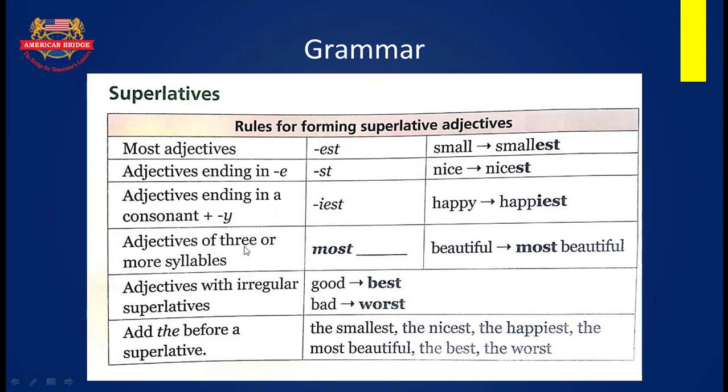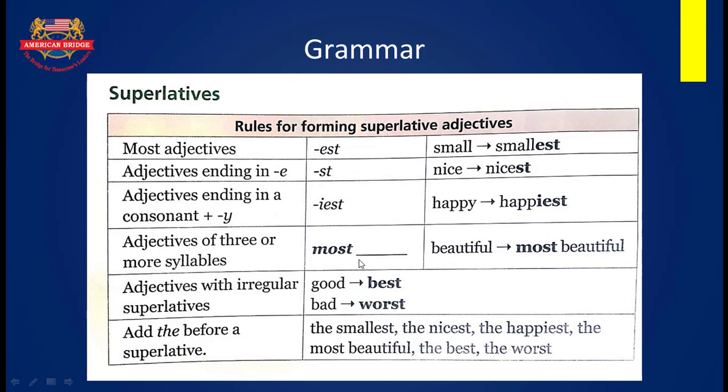For adjectives with three or more syllables, we use the word more or most. In the comparative adjective we use more, like handsome, more handsome. And in the superlative adjective we use most, like most handsome or most beautiful. Some adjectives have their own irregular forms, like good changes to best and bad changes to worst.